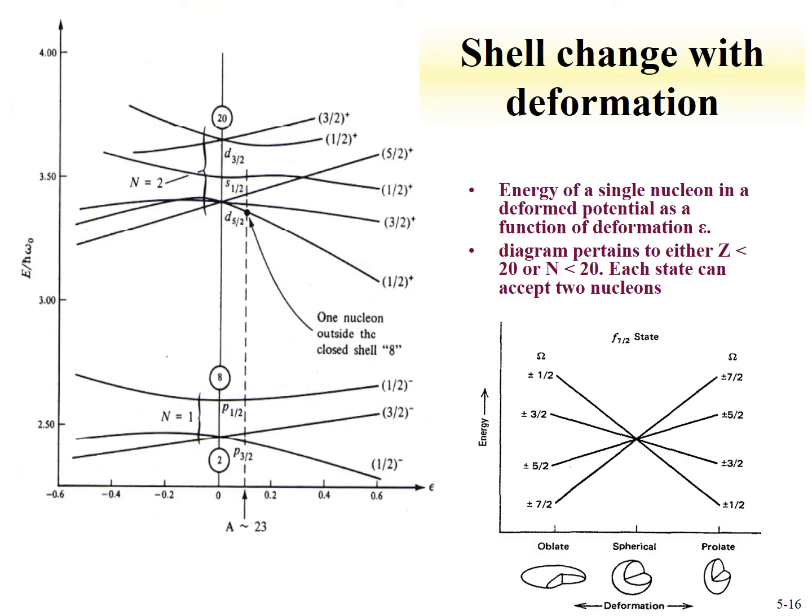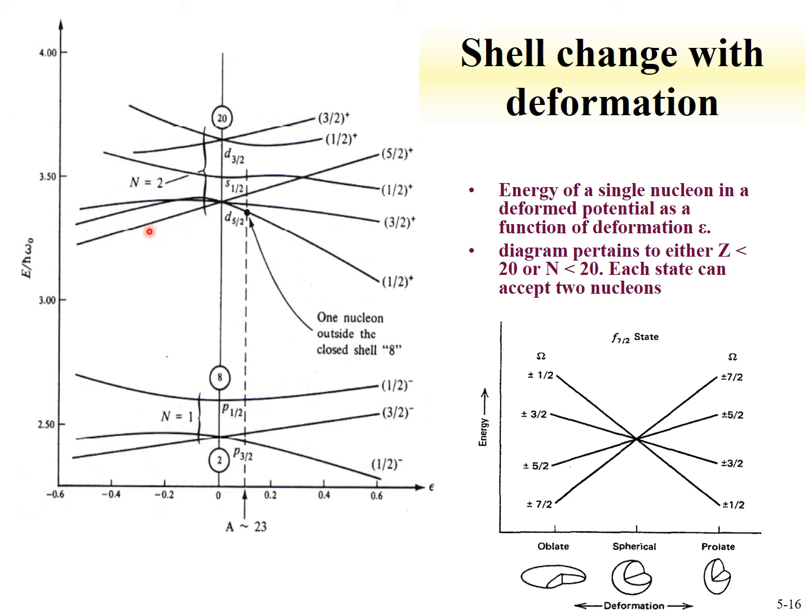This changes the shell model to something that's shown here. This is called a Nilsson diagram. You can think of it as an expansion of the shell model, where at zero deformation we have what we see in the shell model. If we start to go oblate, we get splitting occurring, so the levels change.